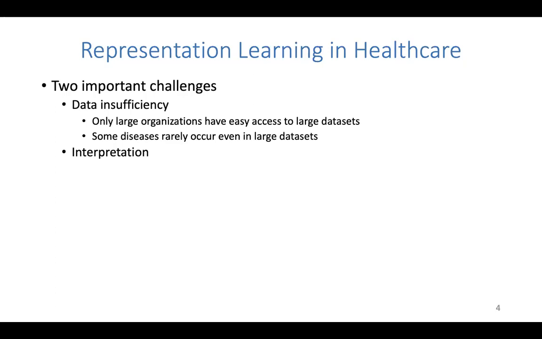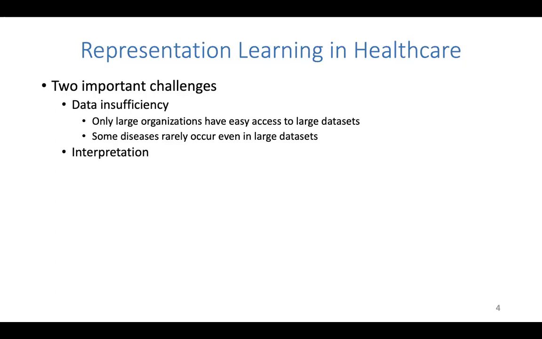If you remember, briefly talking about the data set that was used to train MED2VEC, it was from Children's Hospital of Atlanta, CHOA, and it consisted of 500,000 patient records. That is quite a lot of data. But not all organizations have that amount of data. If you think about local clinics or just individual researchers, they don't have that much data. So, as written here, only large organizations have easy access to large data sets.